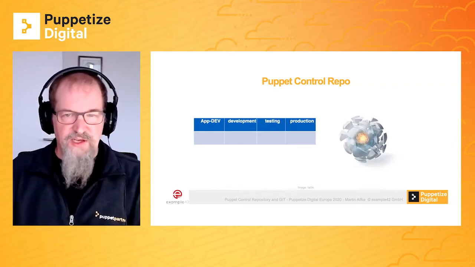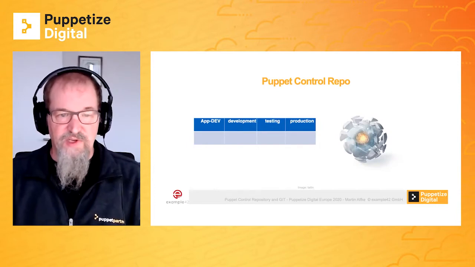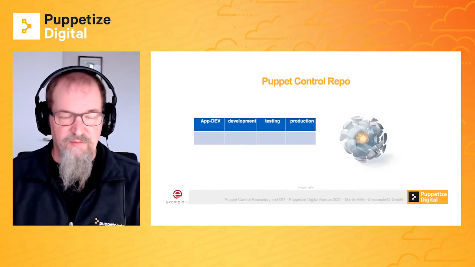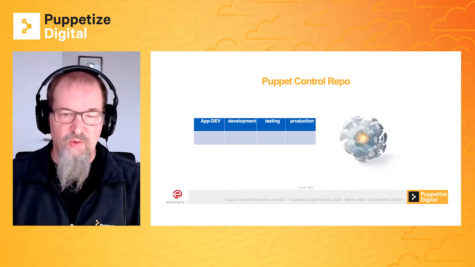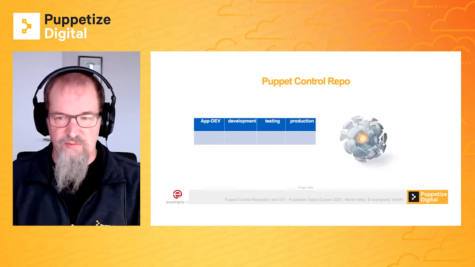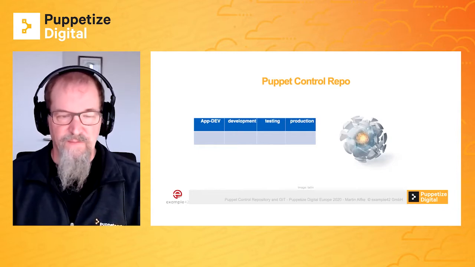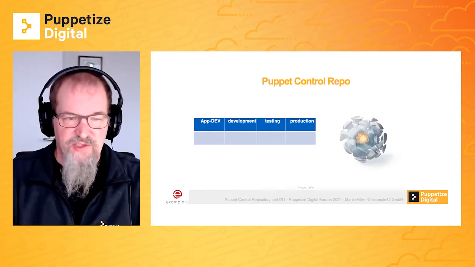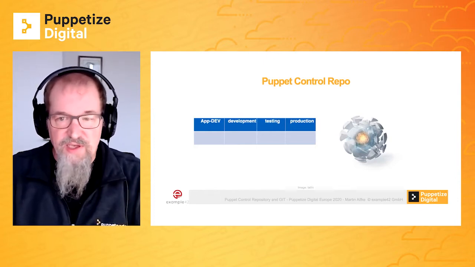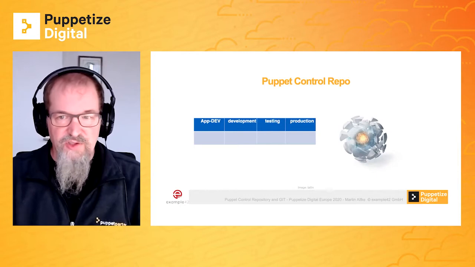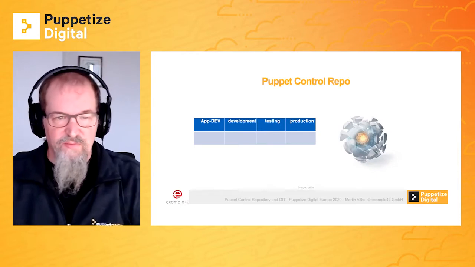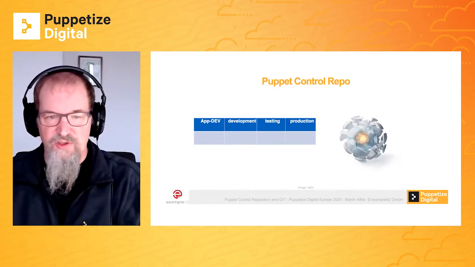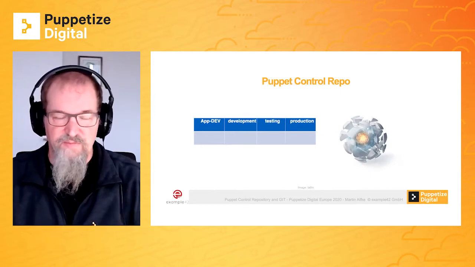So we should head into the procedure of having three branches in the control repository, one where we manage our development systems, one for the testing systems, and one for the production systems. That's a view that you usually call stages. So it's a view from the application perspective, how the application is going forward from being developed into getting tested, into being brought into production and ready to use by customers.